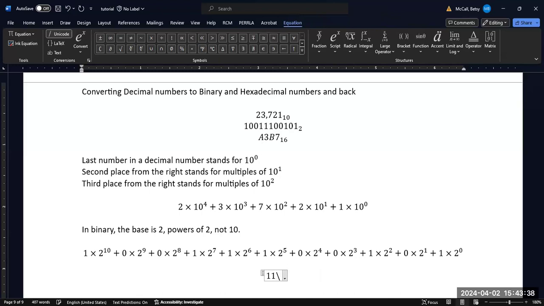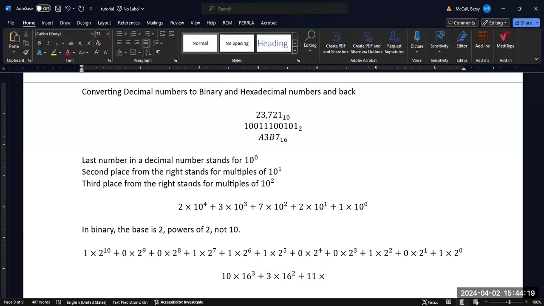So this would be 10 times 16 cubed, and then 3 times 16 squared, and then B, which is 11, times 16 to the 1, and then 7 times 16 to the 0.